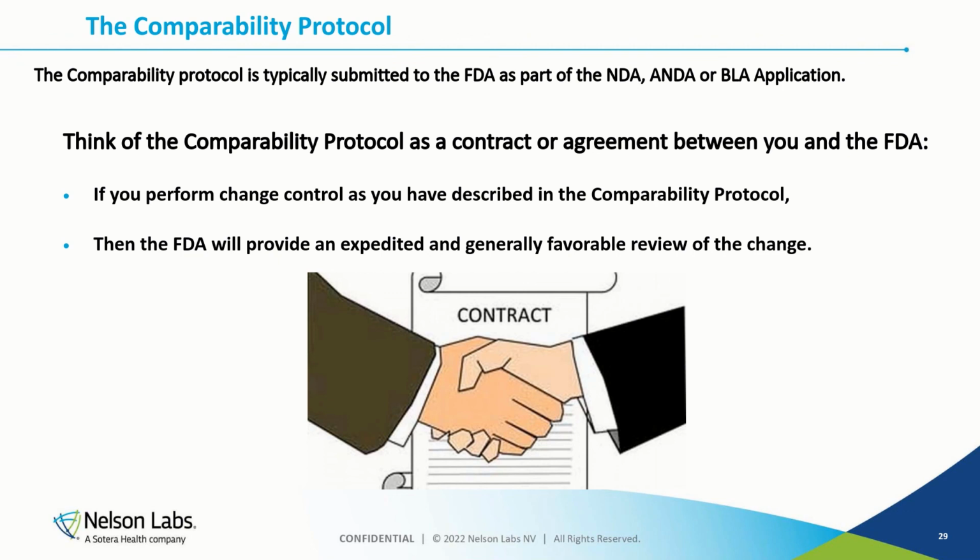In other words, in granting you approval, the FDA will have, in theory, reviewed the comparability protocol, approved the comparability protocol, and essentially said to the sponsor of the NDA, if you follow your comparability protocol, we will give you expedited review. And if when you follow the comparability protocol, you conclude that the container closure system change is safe, we will likely agree with that outcome. So that's the value of a comparability protocol.